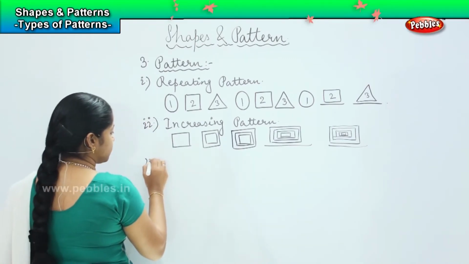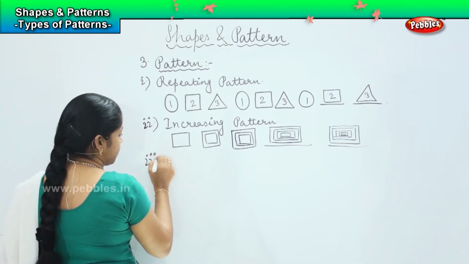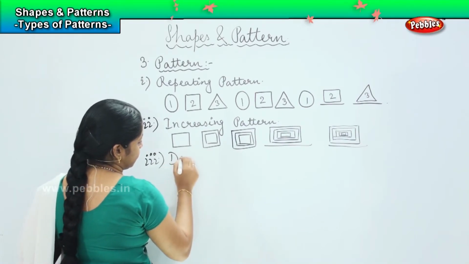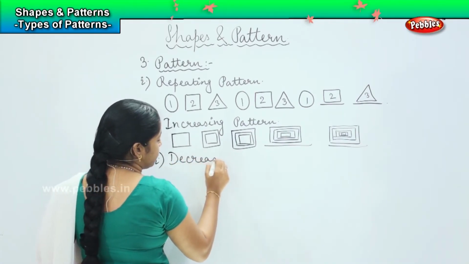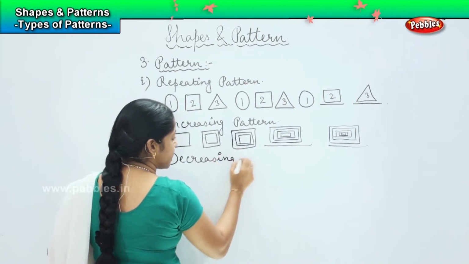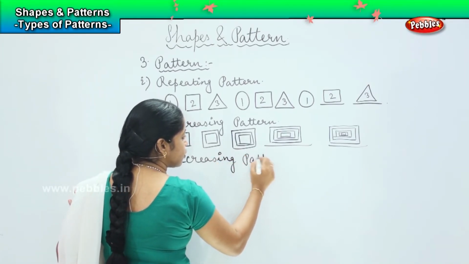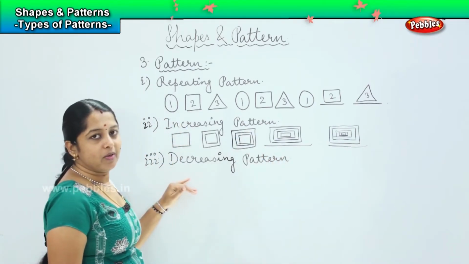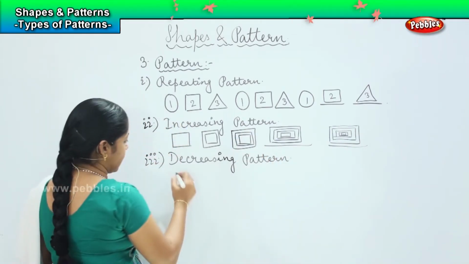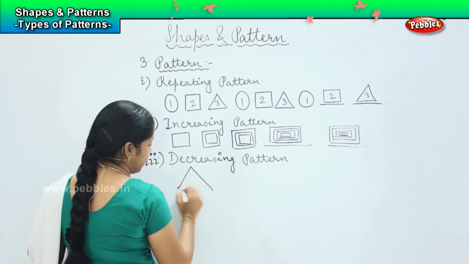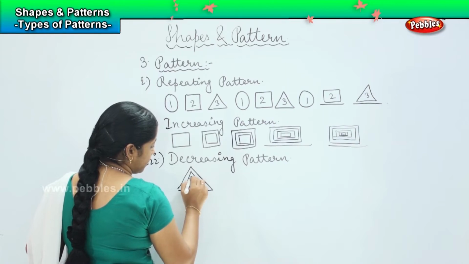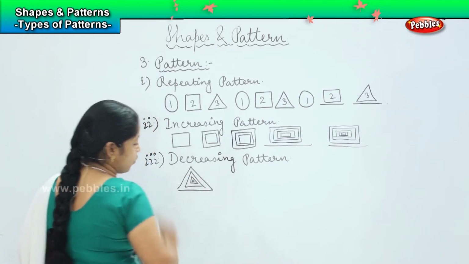Now, the next one is the opposite of increasing. What is the opposite of increasing? Very good. It is decreasing. So, it means that it goes in the reverse direction. In increasing, we saw that it is going in the forward direction. Here, it will be going in a backward direction. Say, now, here I take a triangle. Okay. So, say it is 4.